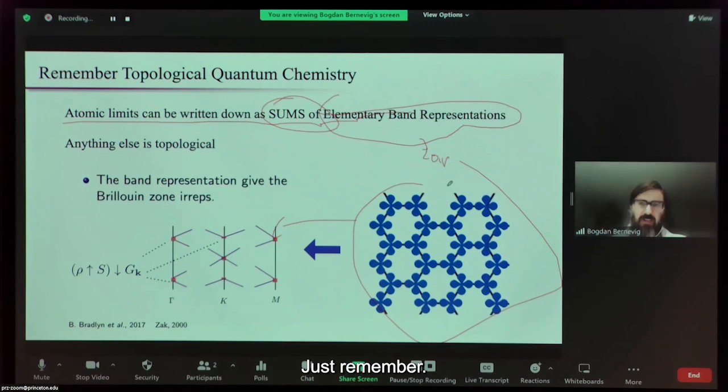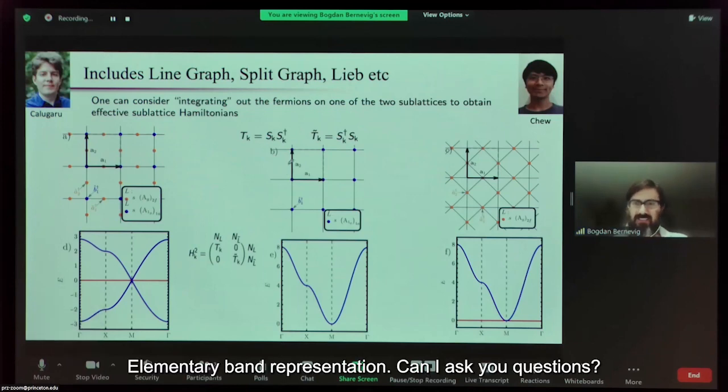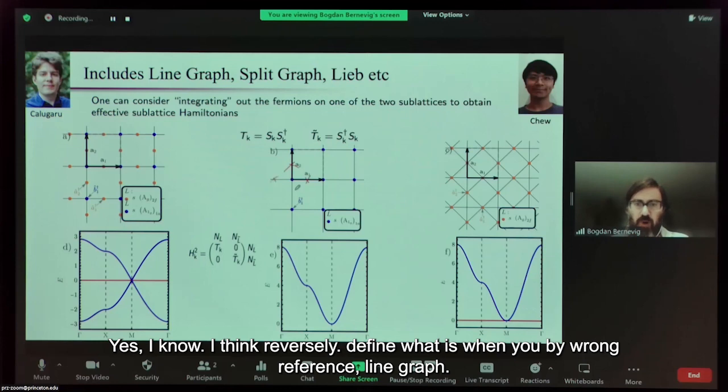So the line graph, about split graph, forget about it for now. The line graph is the following. I just take a lattice, and then sit on the midpoint of each link. And now you define the following hoppings.